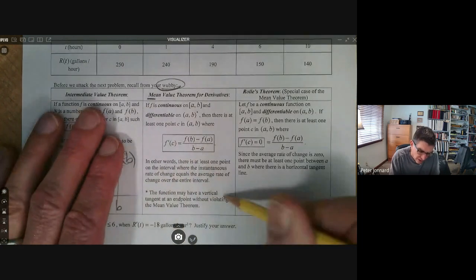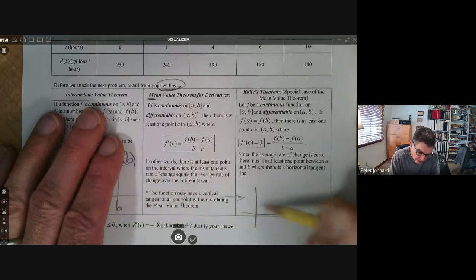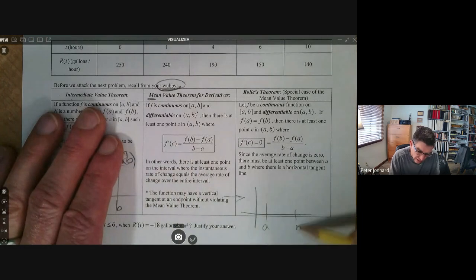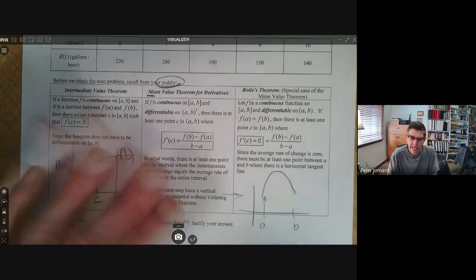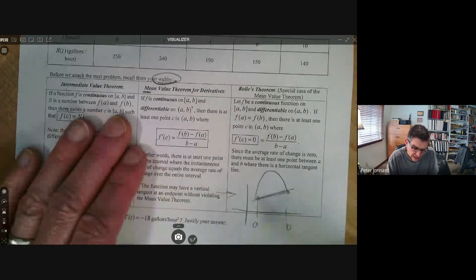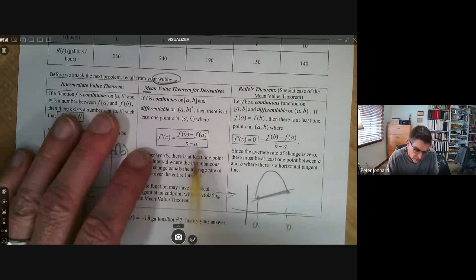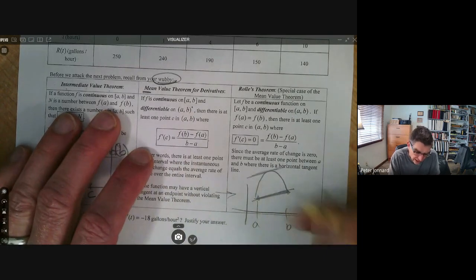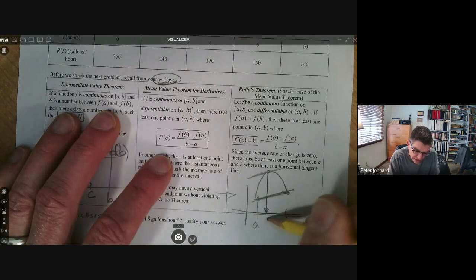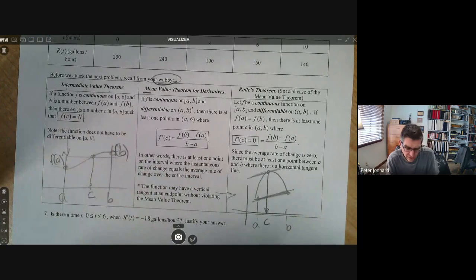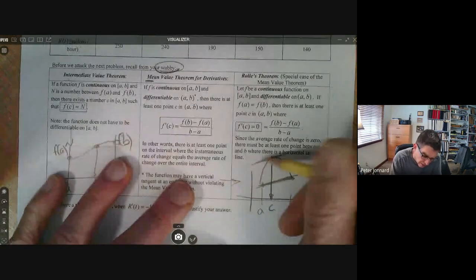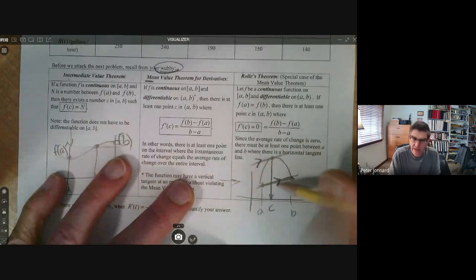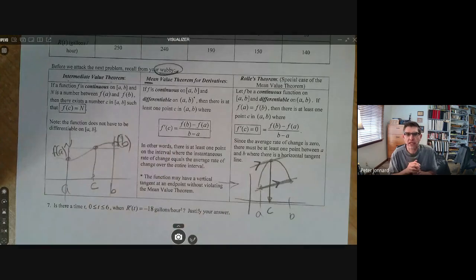So if you have a graph from A to B, whatever the slope of this is, which is your slope formula, has to be exactly equal to the slope of the tangent line at some value C. So those two have to be parallel, the same exact slope.